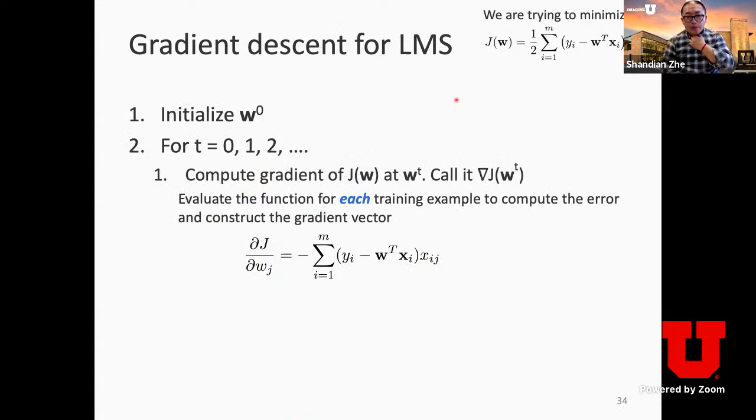Okay. Now we can fill out all the details of our gradient descent algorithm for this mean square regression. Again, we initialize our weight vector with w0, and then we go through each iteration. Inside each iteration we compute the gradient of our objective at the current weight vector, where the gradient of each element is calculated following this formula.